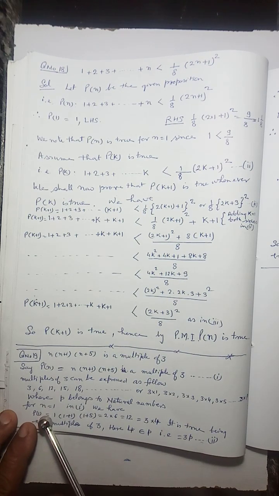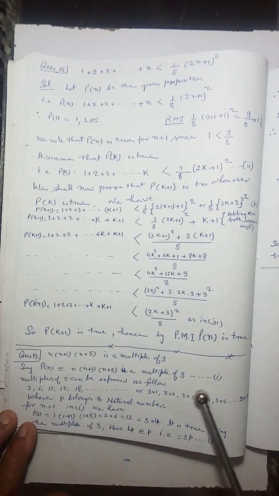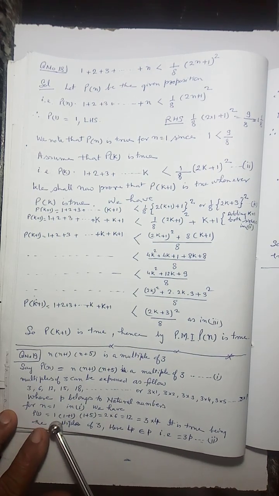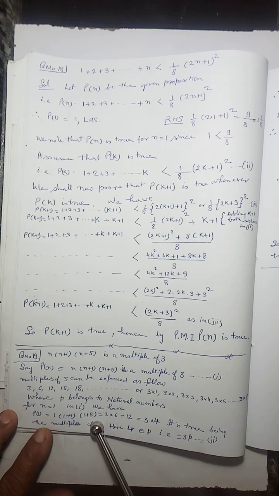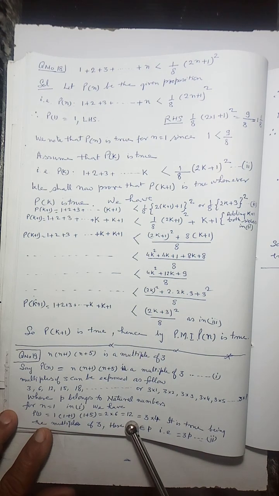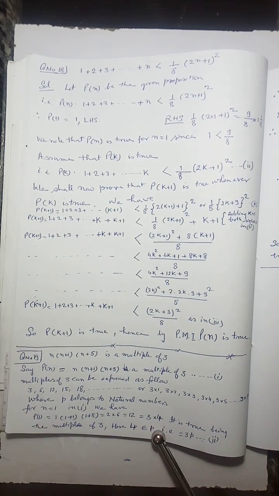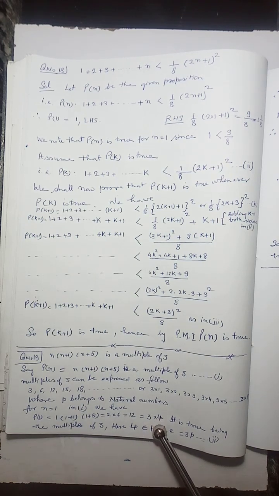Now, when n is equal to 1, in the first, we have P(1), that is 1 into (1+1) into (1+5), that is 2 into 6, that is 12, and it can be expressed like 3 into 4.